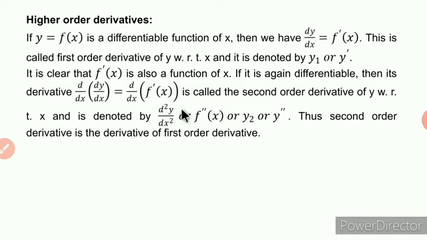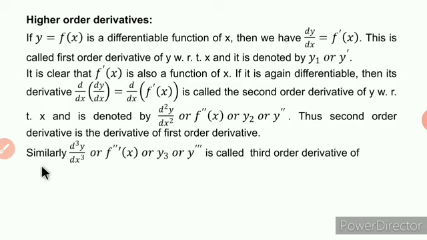Now similarly, if this second order derivative is again a function of x, then it can be differentiated. So similarly, d cube y by dx cube or f triple dash of x or y3 or y triple dash is called the third order derivative of y is equal to f of x.